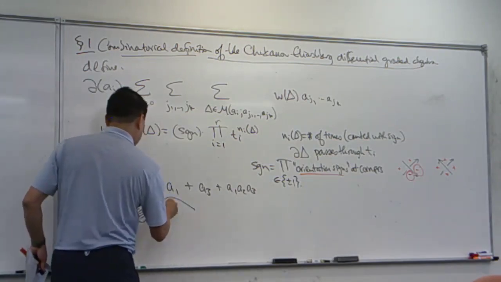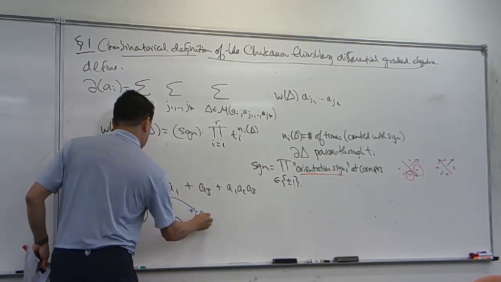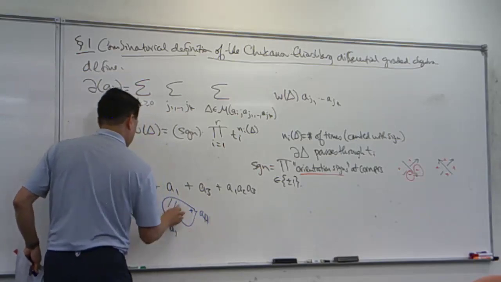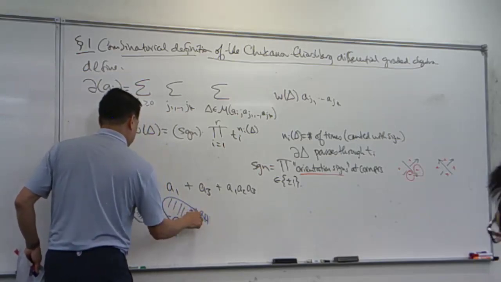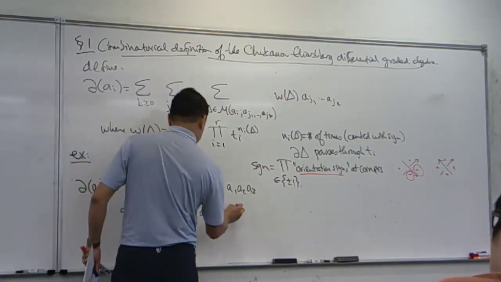A1 looks like something like this. So this looks like an inverse bigon, those 2 corners. A3 is something similar.